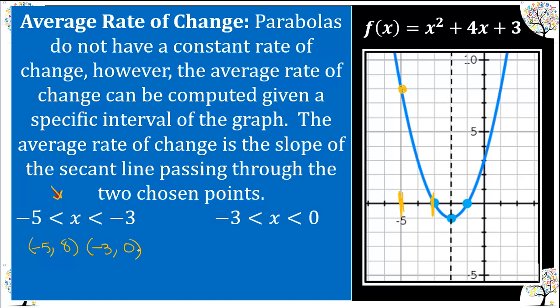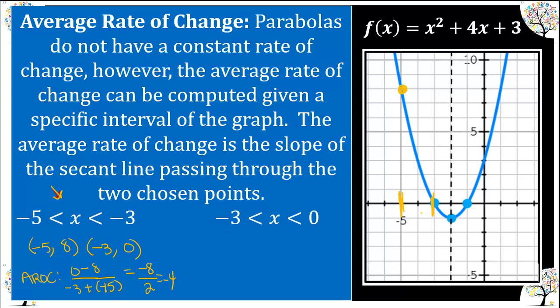So if you did not have a graph, you would simply apply the slope formula, y2 minus y1 over x2 minus x1. This is going to give us -8 over 2, which is -4. So let's look at it on the graph.